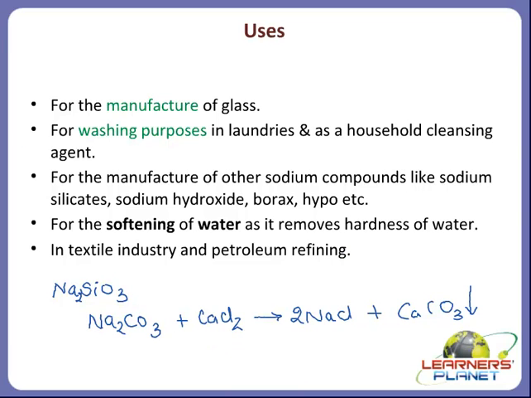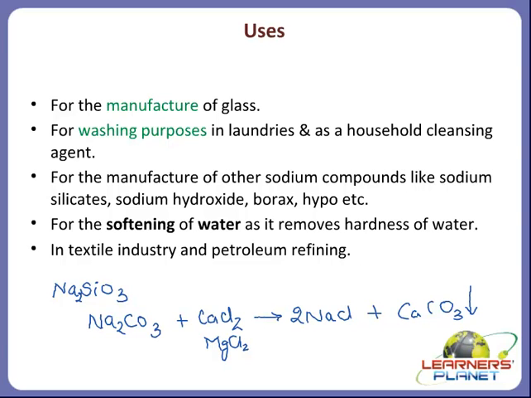What else is the permanent hardness due to? It can be due to magnesium chloride also. Right? These are not removed by just boiling. You know, students, water hardness is of two types: temporary hardness and permanent hardness. Temporary hardness can be removed by boiling water.